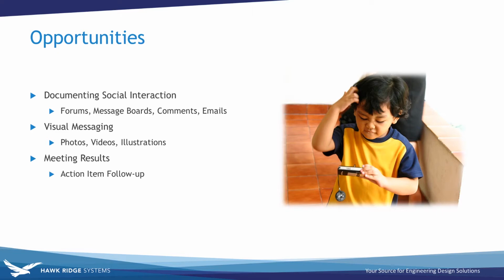We come together quite a bit and meet about how the product or the project is progressing, and we typically leave those meetings with a list of action items. And then how do we track what's going on with those items? It's a simplistic sort of project management in that regard. Just what are the follow-up items and how do we document those if they're related to stuff that's managed and stored inside our vault.